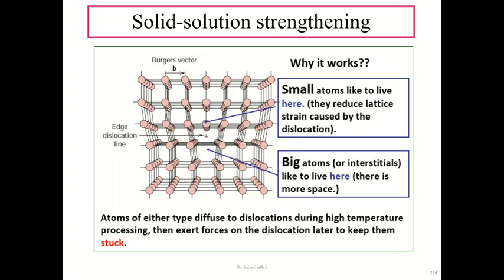But the big atoms or the interstitials we have seen will be living here, as there is more space. So the atoms will diffuse into dislocations during high temperature, which then exerts forces on dislocations to pin them together or to restrict motion.